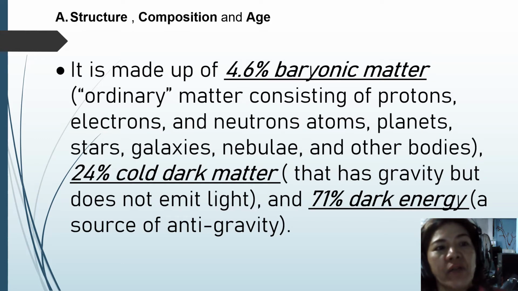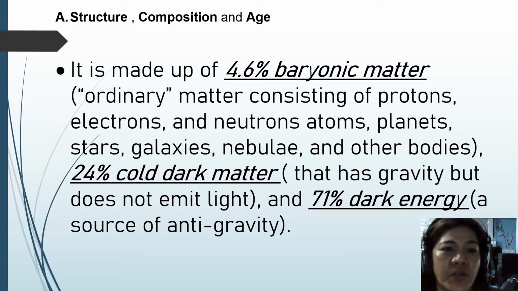Now we are going to discuss the structure, composition, and the age of the universe. It is made up of 4.6% baryonic matter, 24% cold dark matter, and 71% dark energy.